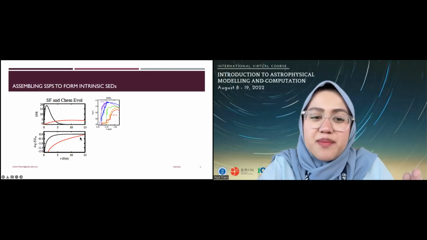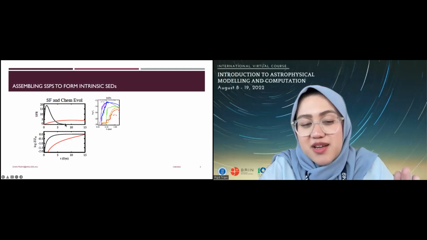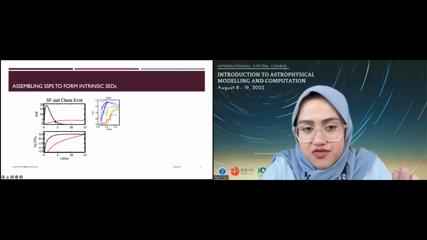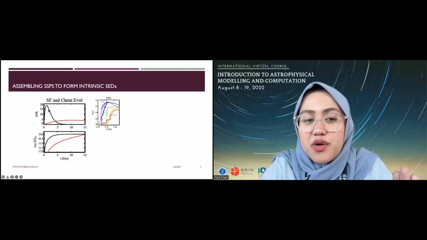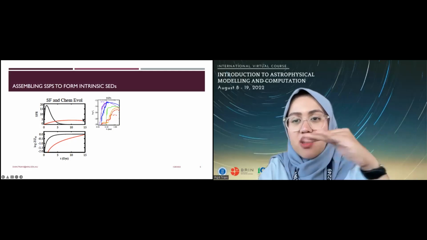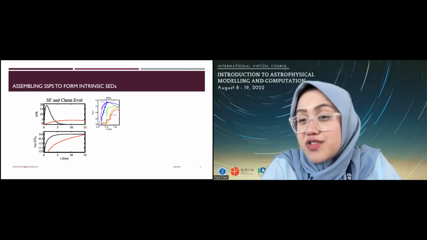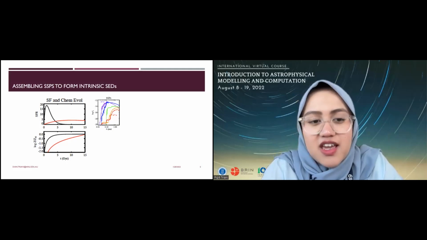So this is showing the star formation history. The y-axis shows the star formation rate, and this is the time. So it shows one episode of star formation. This is usually how we model elliptical galaxies, while the red line here is more continuous, constant star formation, which is how the classical model usually represents spiral galaxies.